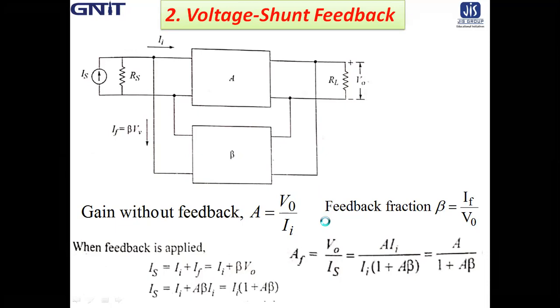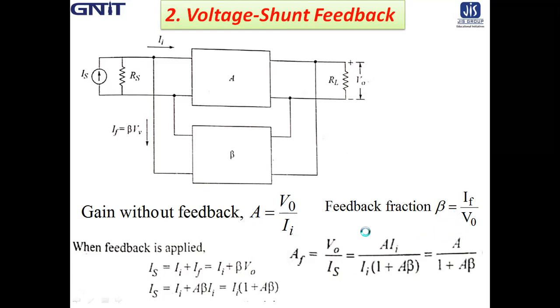So the voltage sampling shunt mixing type of feedback topology has a current signal as input and a voltage signal as output. So the gain without feedback, A is V0 by Ii, and the feedback fraction beta is equal to If by V0.